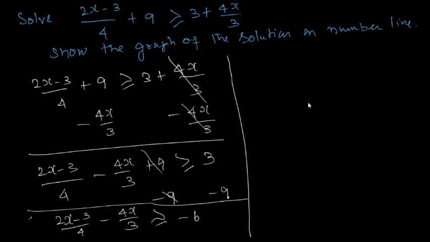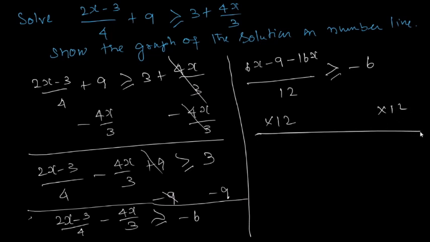Now what are we supposed to do? Take the LCM on the LHS. So 12. You can cross multiply. So 3 into 2x, that is 6x minus 9, and then 4 into 4x, minus 16x, is it not? Right. And greater than or equal to minus 6. And we have to remove this 12. You can multiply by 12 on both sides.